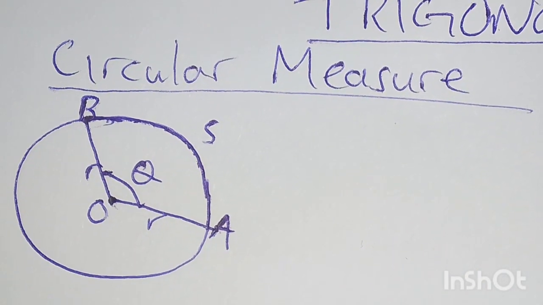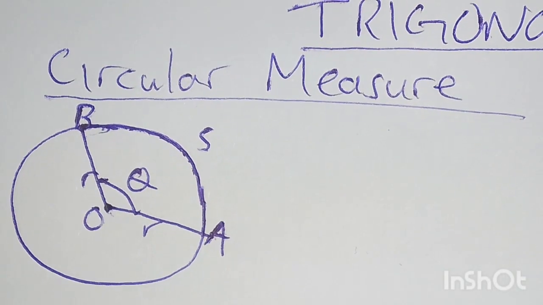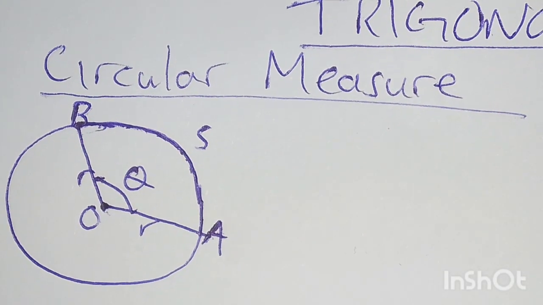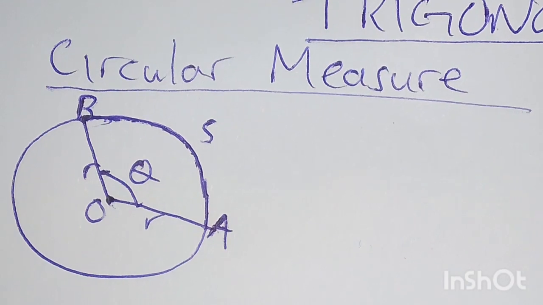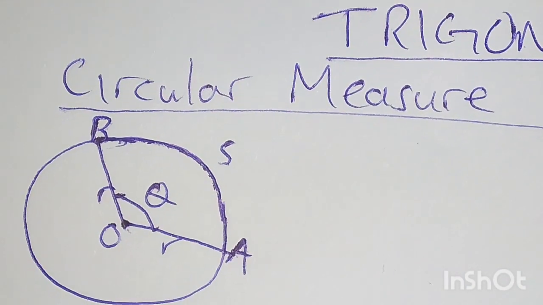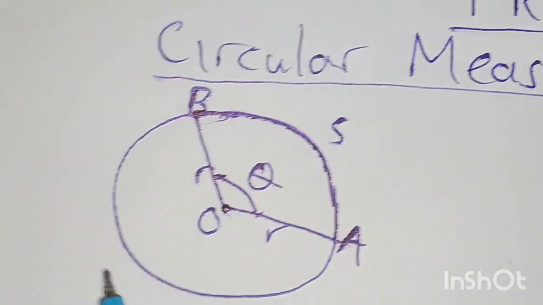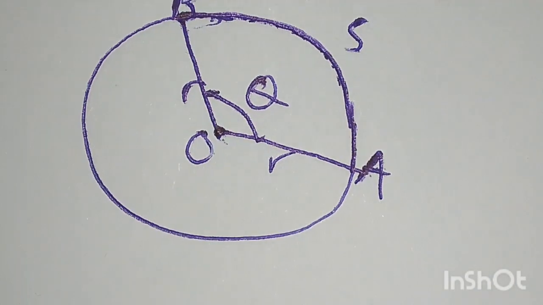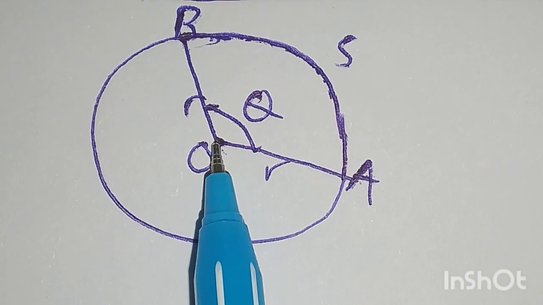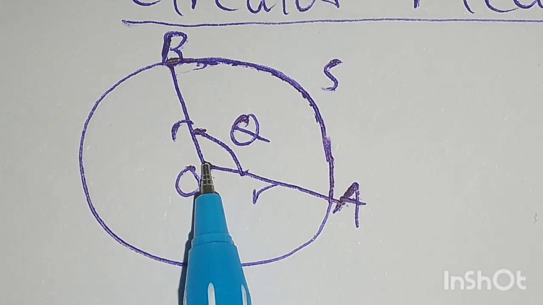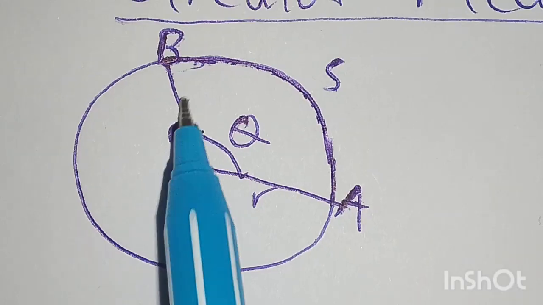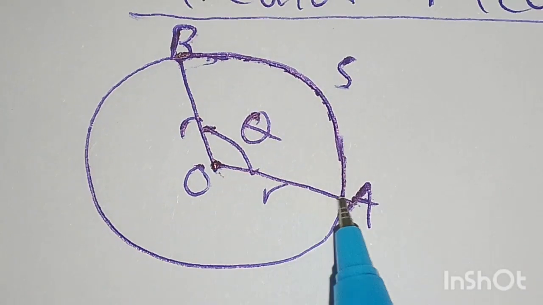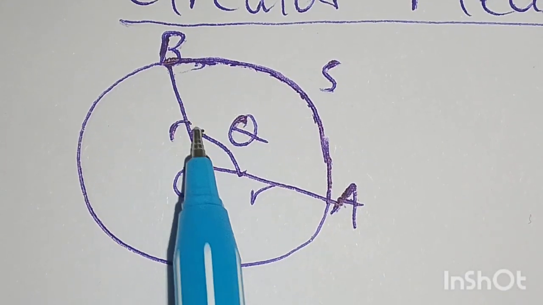So let's first dive into radian measure, since you already know what degrees are. We have this circle here, with center O. So O is the center of the circle. We have this part here which has been divided, which is a sector.